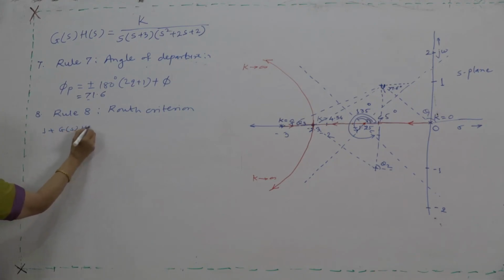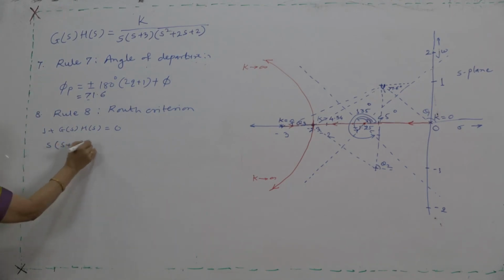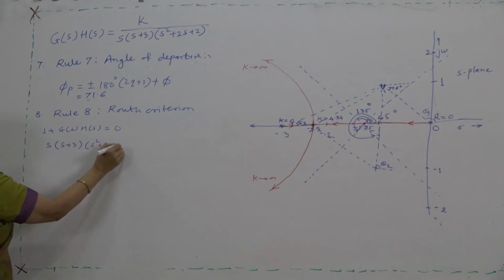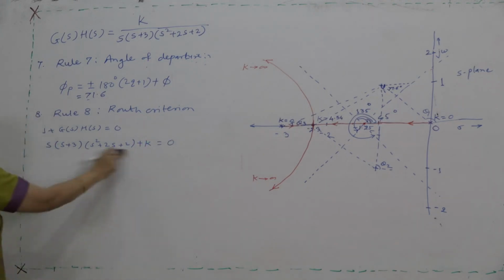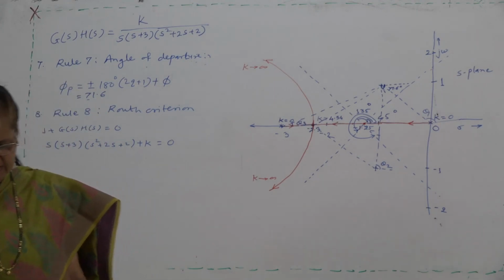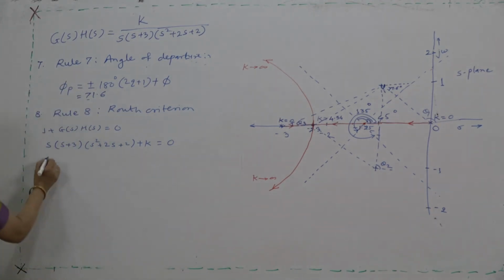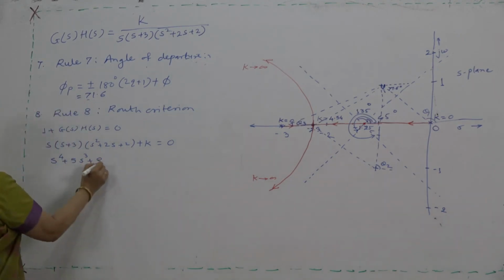Now, apply rule 8, that is the Routh criterion. So, what is the basic equation you got here? The characteristic equation, 1 plus G(s)H(s) is equal to 0.